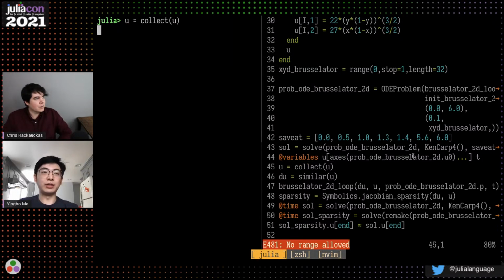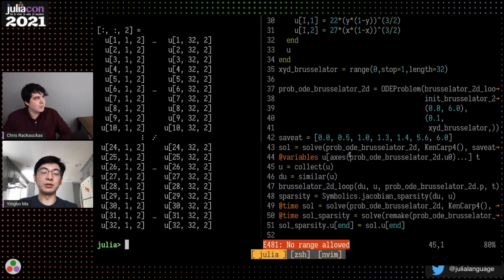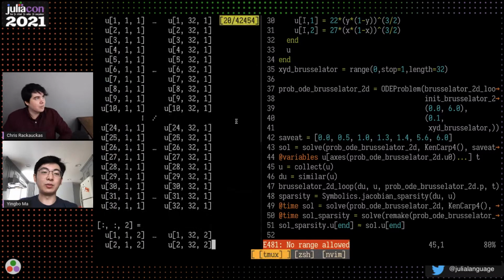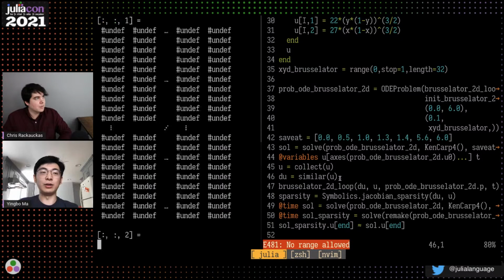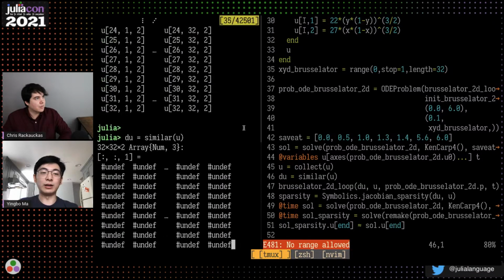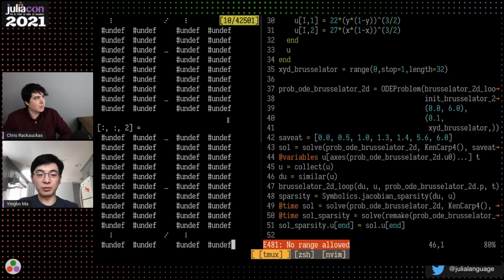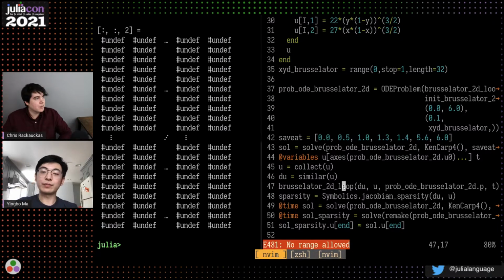So first, we need to collect the symbolic variables to make it eager, and then we call similar on U for the write-only variable. Because this variable is write-only, we don't have to initialize this matrix.